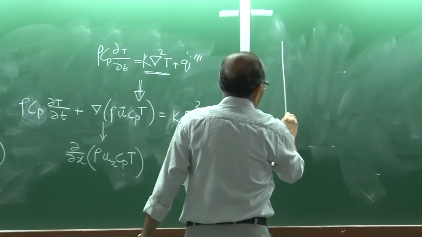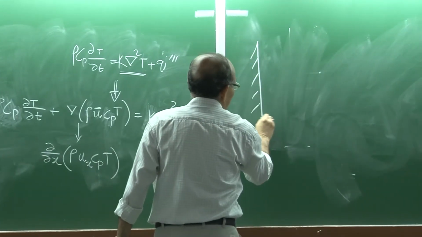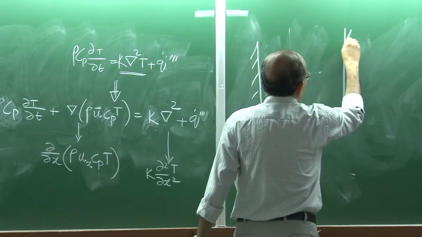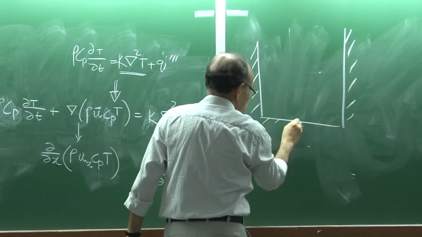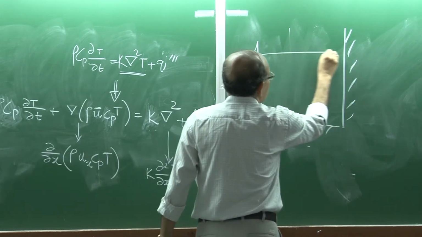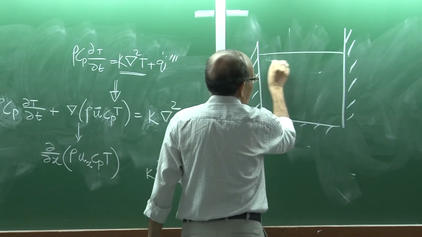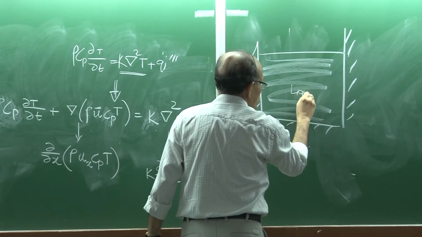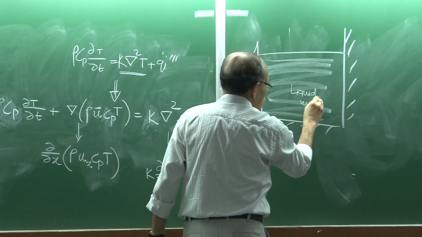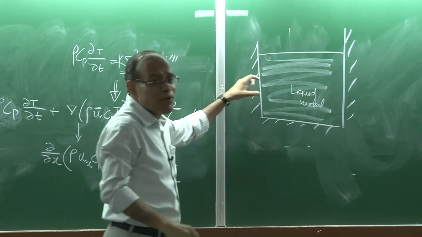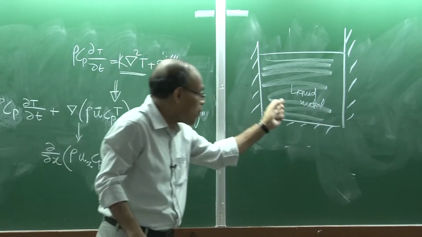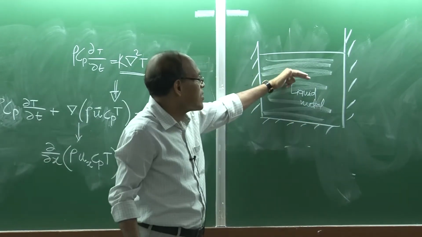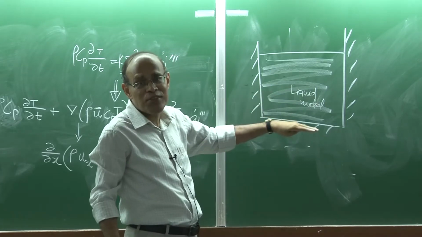Suppose I have a vessel containing a liquid metal. I have kept the material within the vessel, this is liquid metal, and because it is in a finite vessel, if there are heat losses from all the sides, obviously the temperature is going to be decreasing as a function of time.